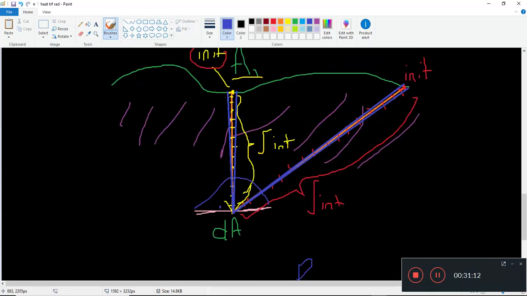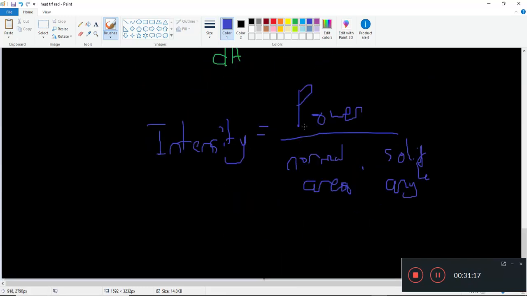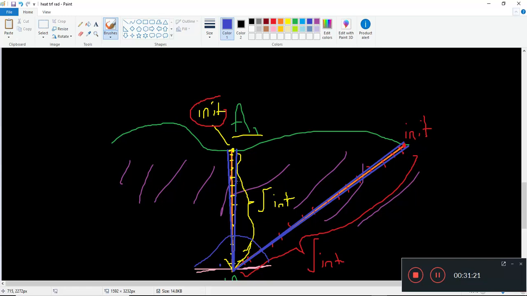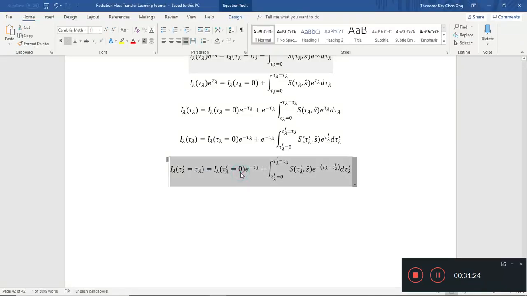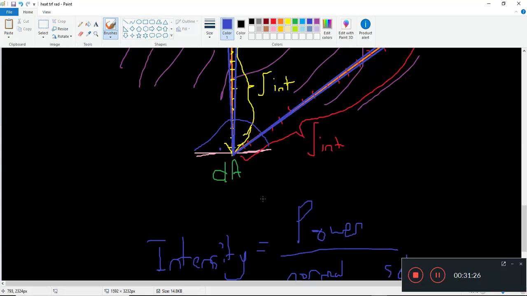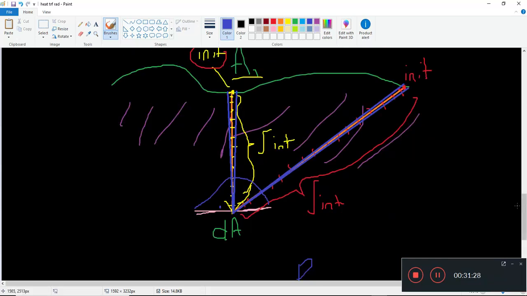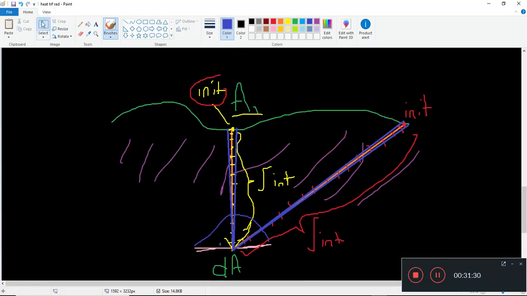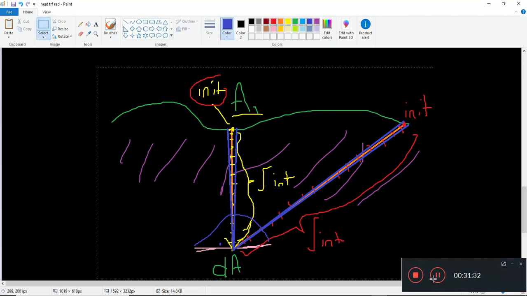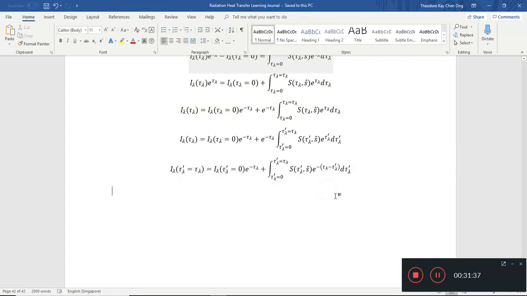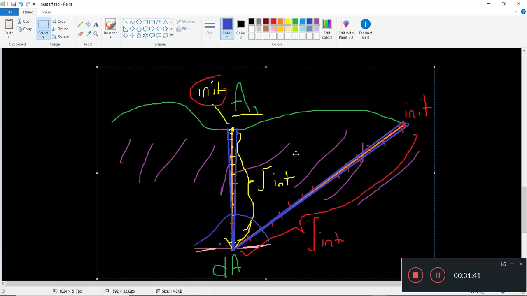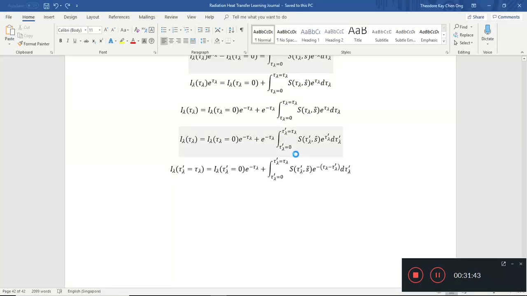It just tells you, if I look in this particular direction, the power per unit normal area per unit solid angle is based on this equation. So that really depends on the angle you're going for. Hopefully that helps you get some intuition as to what we are actually calculating when you see all these complicated symbols. At least when there's a picture, it's easier to describe what's going on.